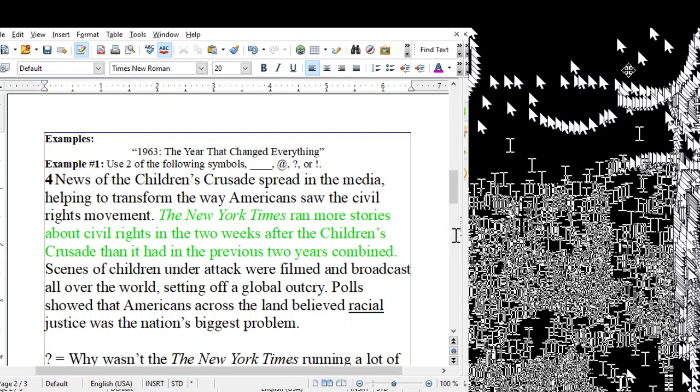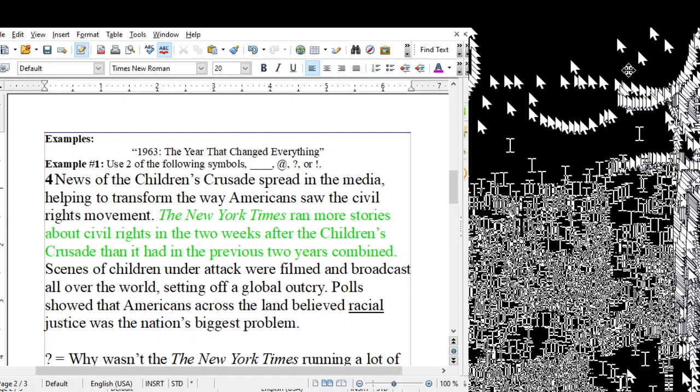The question mark means that you read something in that paragraph and you have a question about it. You can do what I did and highlight that sentence that you have a question about, and then type the question underneath that paragraph. And then the exclamation point means that, hey, this relates to my life, and I'm excited that it relates to my life, and I'm going to tell you how this sentence that I just read in this paragraph relates to my life.